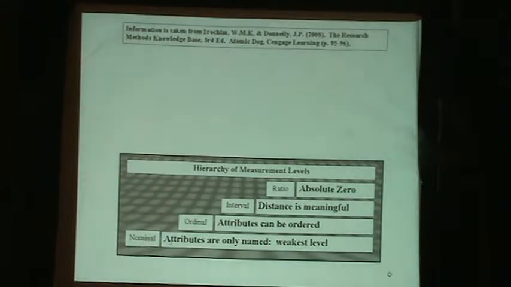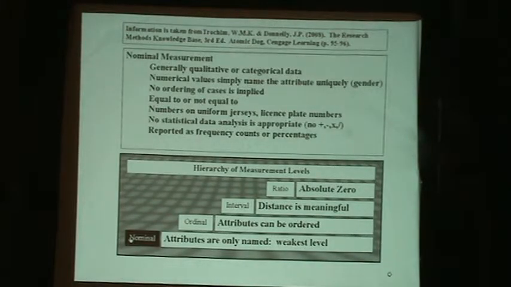And nominal data, attributes are only named, and it is the weakest level. So nominal data generally is qualitative or categorical. It's referred to as categorical data because it puts things in categories.